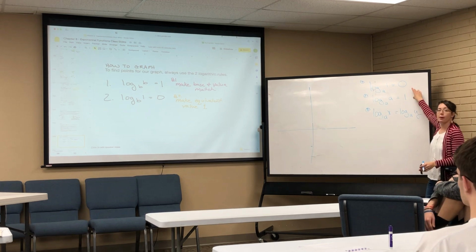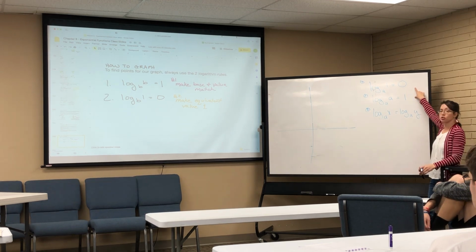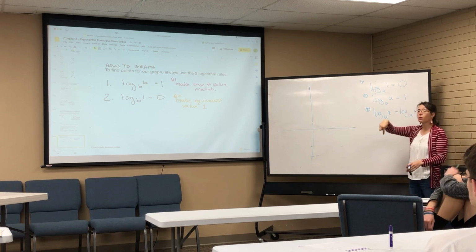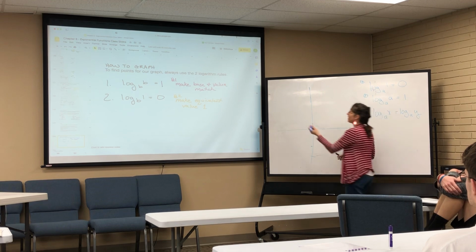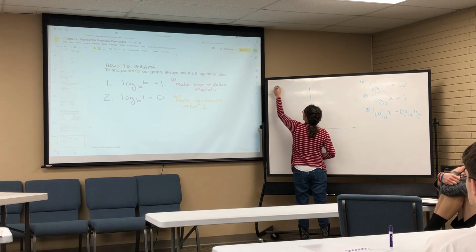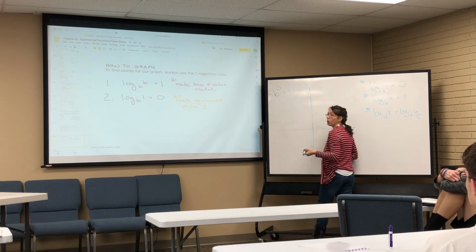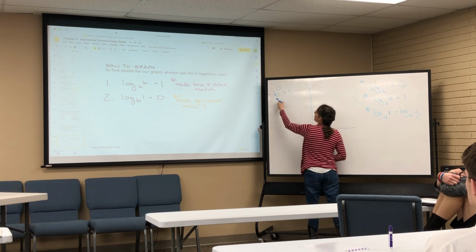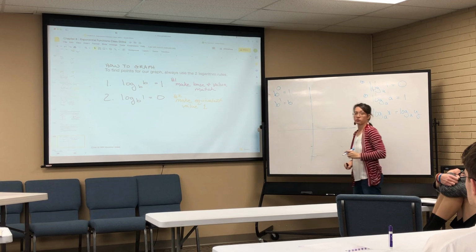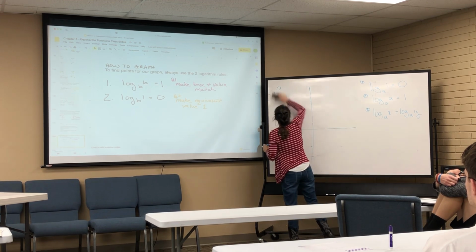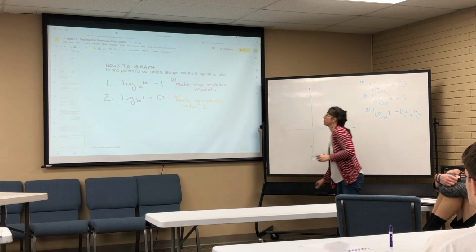We're going to go back to our very first 2 rules that we learned about logs, and we get to use those in the same way that we used our rules about exponents, that anything raised to a 0 equals 1, and anything raised to a 1 equals itself, right? We know those. We have these logarithm rules, okay?